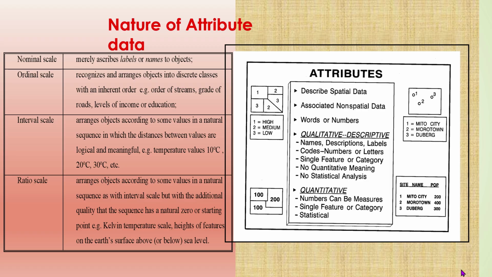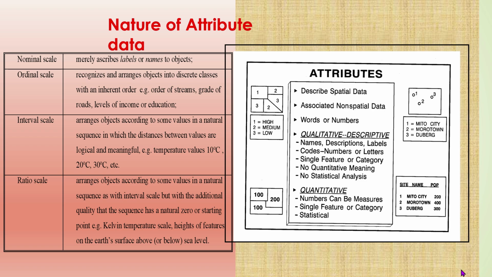We have four major ways in which attribute data can be captured in GIS. We have four major scales of data types in the attribute data representation.